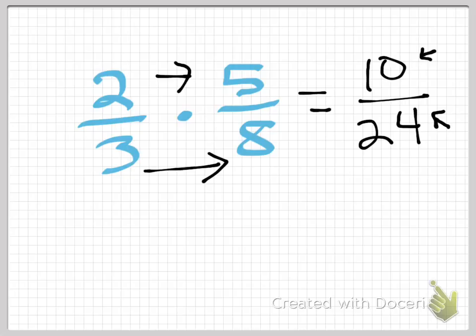Well, a lot of you are going to say 2. So, basically, yes, they're both even numbers. 10 is an even number, and 24 is an even number. And both of them are divisible by 2. So, if I do 10 divided by 2, what does that give me? Well, 10 divided by 2 is 5.